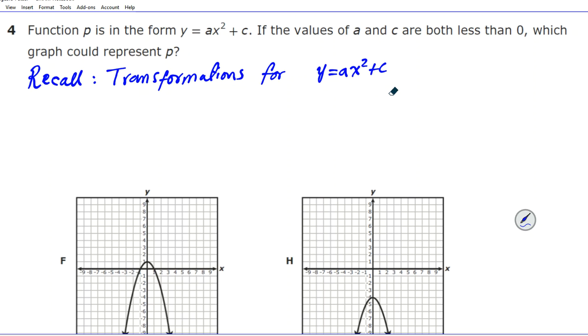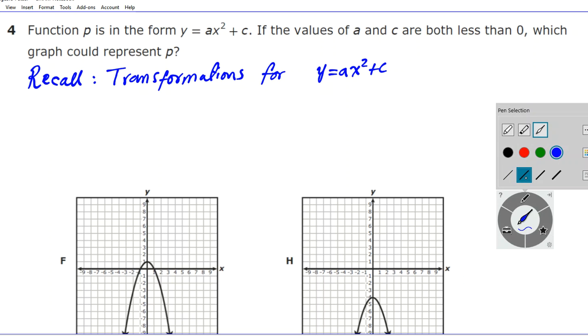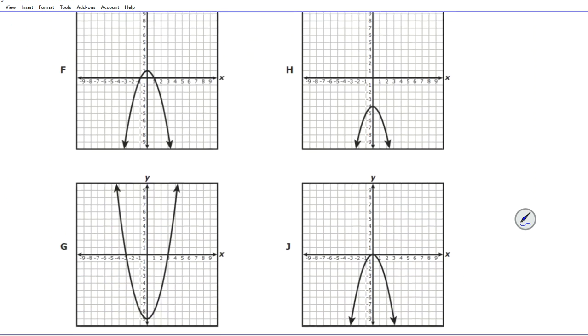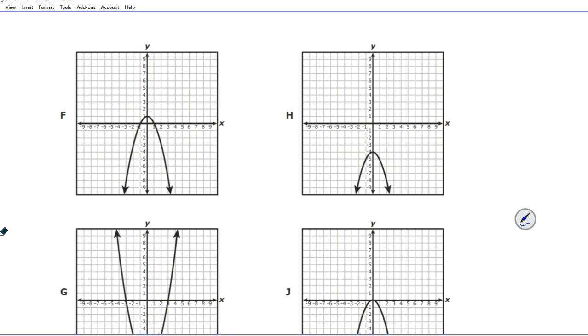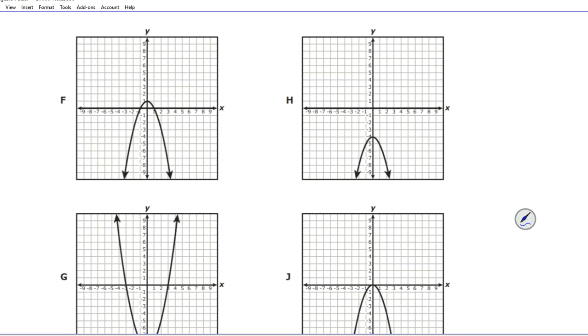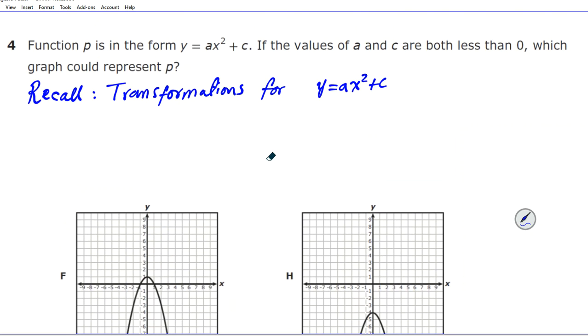This is the function for a parabola that could have been shifted vertically and has undergone a reflection in the vertical direction also. Okay, so if you take a look at your options right here, you notice that they're all parabolas that have undergone some kind of vertical translation, and then some of them have been reflected and some of them have not been reflected. So what's the rule for a parabola that's of this form?